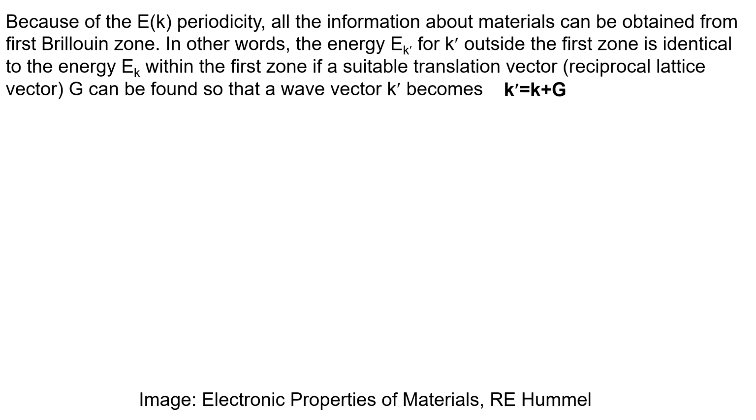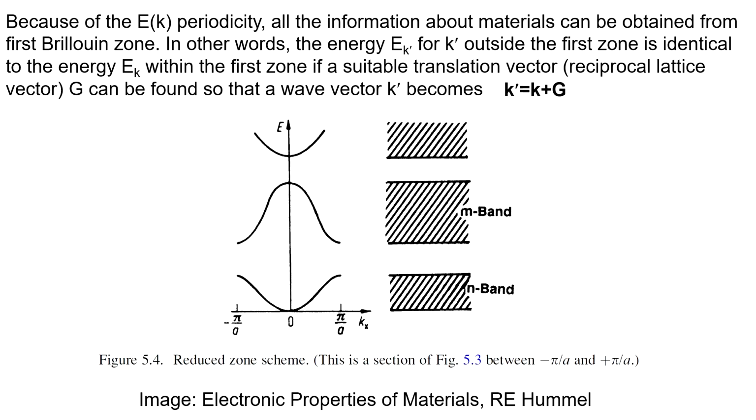So, basically because of the periodicity of the lattice, we can obtain all the information within the first Brillouin zone. We do not have to worry about higher Brillouin zones, and any energy E of k prime for a vector k prime outside the first zone is identical to the energy within the first zone if you can find a suitable translation vector G. And this is how the band is going to look.